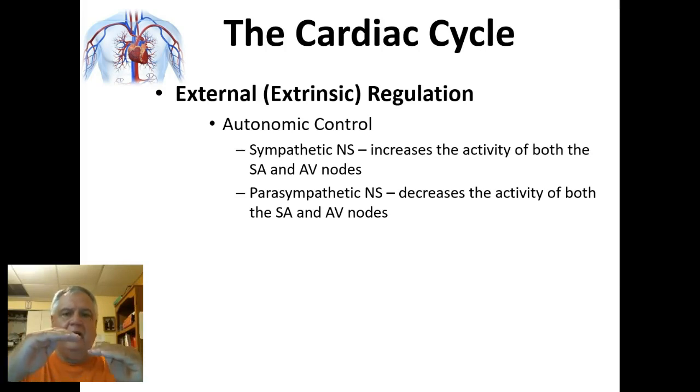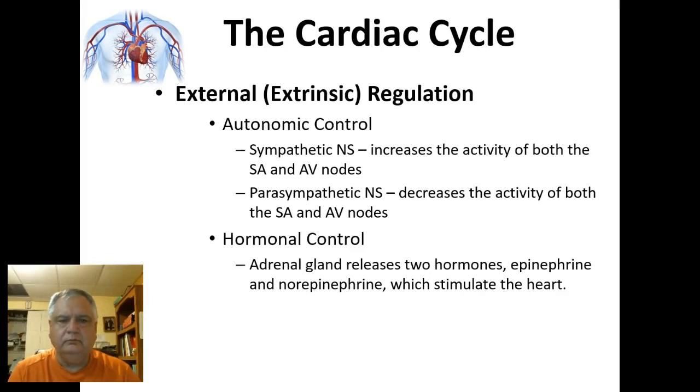And the more you increase the parasympathetic tone and decrease the sympathetic tone, the slower the heart rate is going to get. As you increase sympathetic and decrease parasympathetic, the faster the heart rate is going to get. Got it? I hope that helps you understand that.